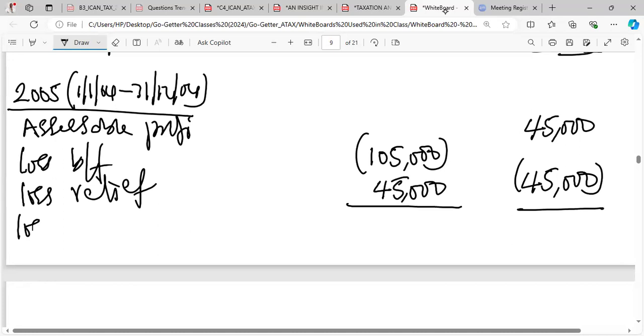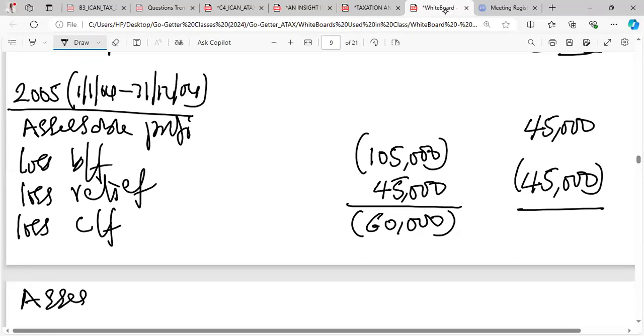So this is loss carried forward, should be 60. Then the next thing will be accessible profit, will be nil.